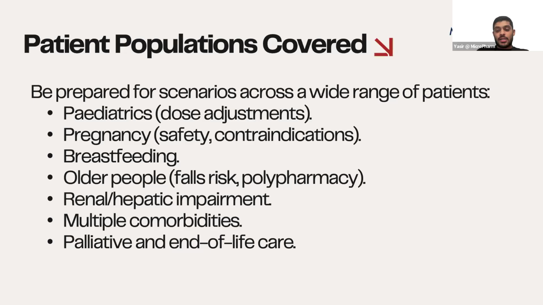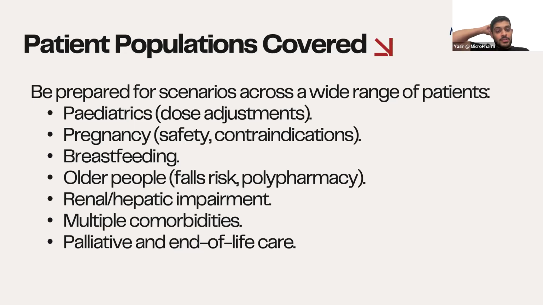Some patient populations that are covered: pediatrics, pregnancy, breastfeeding, older people, people with renal or hepatic impairment, those with multiple comorbidities. As you understand, especially elderly patients may have multiple comorbidities, so it's not always as straightforward, and you're not always just managing one condition.